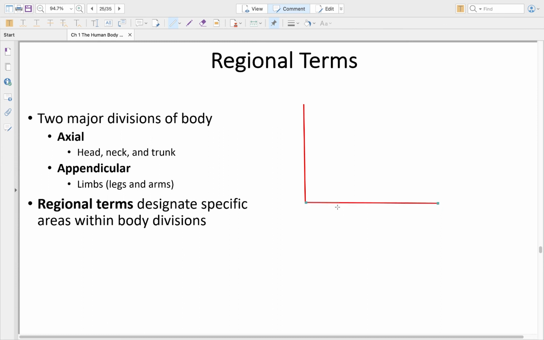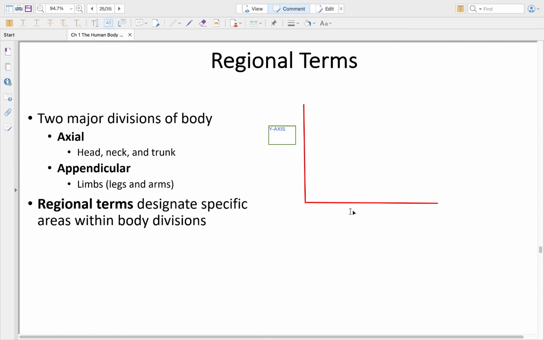In reference to a graph, this is called the y-axis, right?